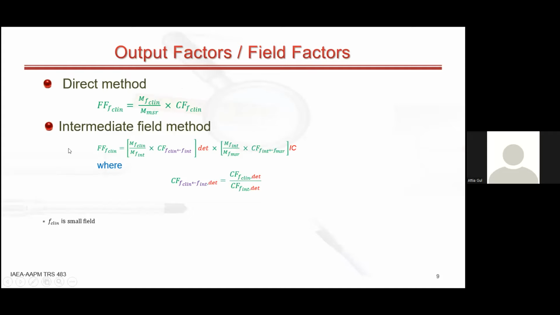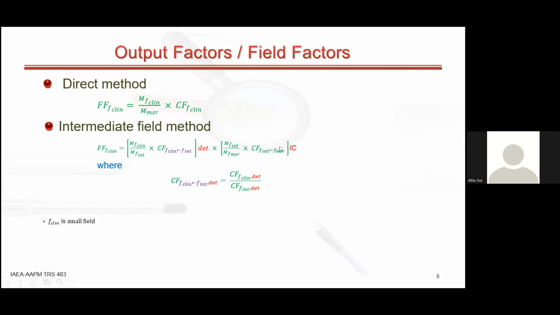There is another method called the intermediate field method, also called the daisy chain correction method. In this method, an intermediate field is chosen and two detectors are used. One is the standard ionization chamber, and the intermediate field is chosen such that it is not a small field, that is, there is no loss of lateral charged particle equilibrium. Its size is appropriate compared to the ion chamber, and then we can use this formula.